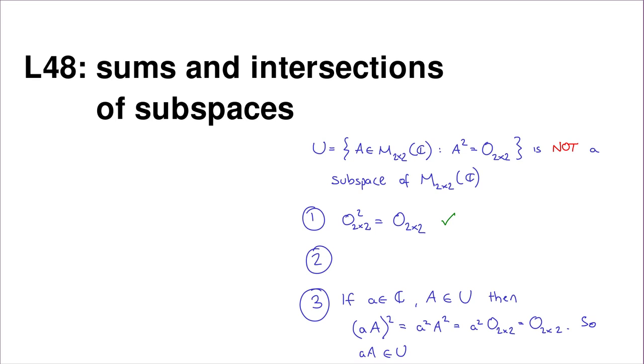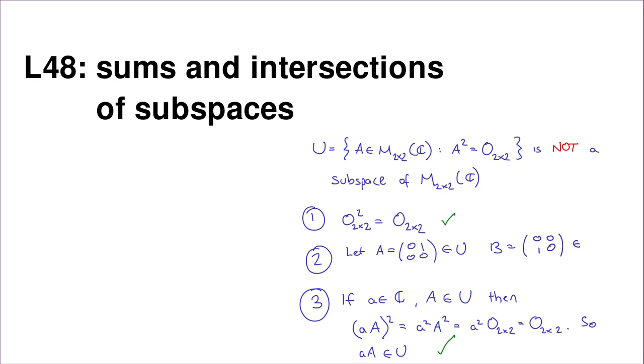That means that U is closed under scalar multiplication, but it is not closed under addition. That's the reason it's not a subspace. It fails condition 2 for being a subspace. So if we take, for example, let's give this a name, A is going to be 0, 1, 0, 0. You can check that's an element of U. And B will be 0, 0, 1, 0.